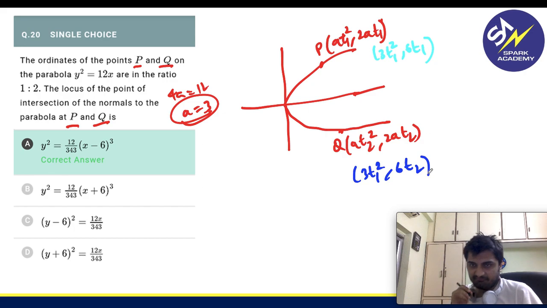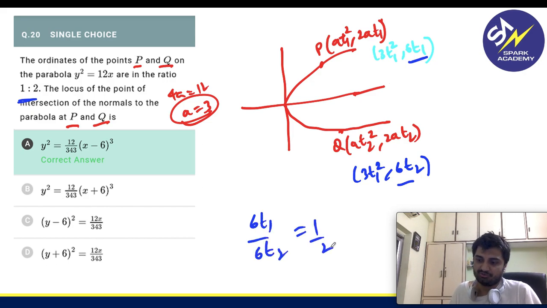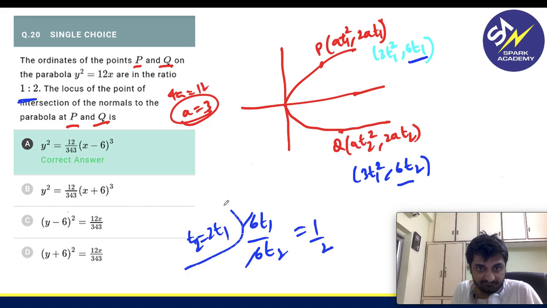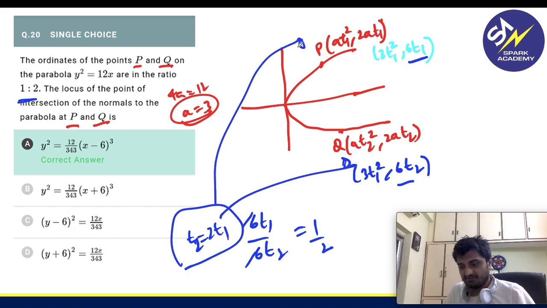And what else is given? The ratio of the ordinates is 1:2. So 6t1 by 6t2 is given as 1:2. So now you have a relation between t1 and t2, right? You will get t2 equal to 2t1. That you can substitute here, and here. So I will get my P and Q. Now (h, k) is the point of intersection of the normals, right? So you can find the equation of the normal.